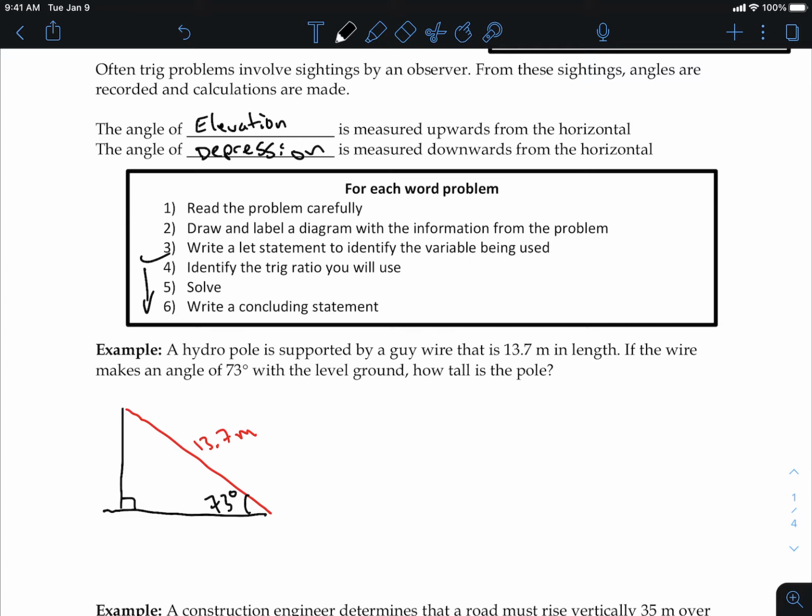So I'm standing at the 73. Remember, the thing we're looking for is the height of the telephone pole. I'm going to label it H. I'm standing here at the angle. What is H relative to the angle? It's opposite.